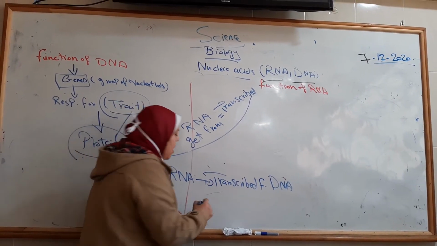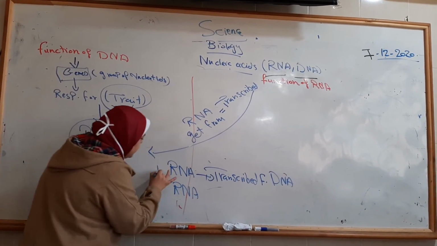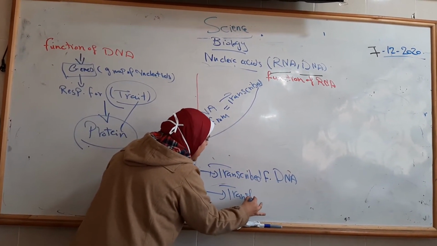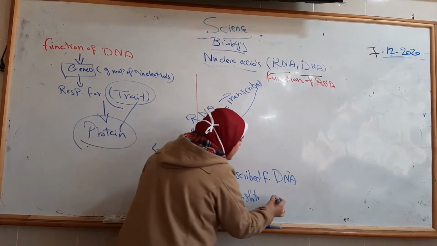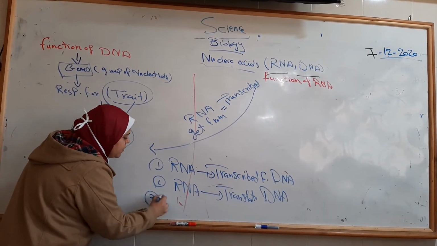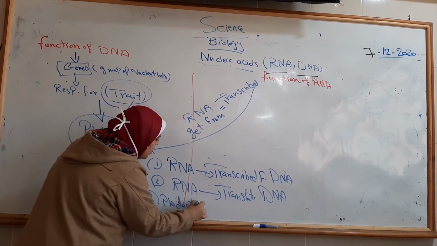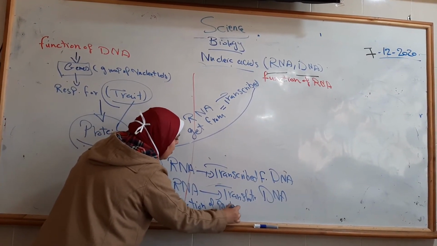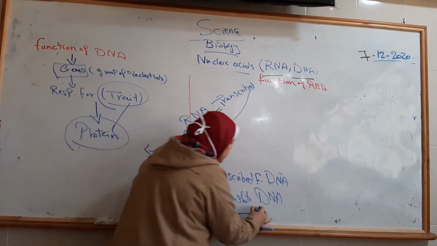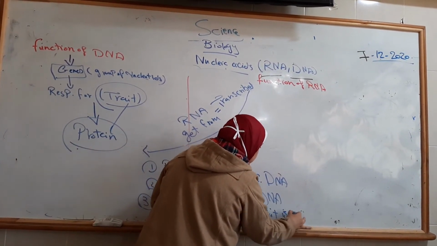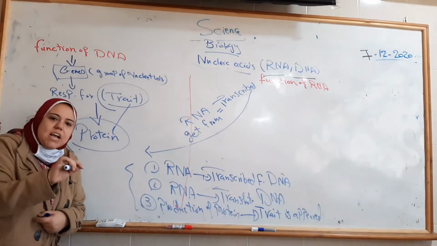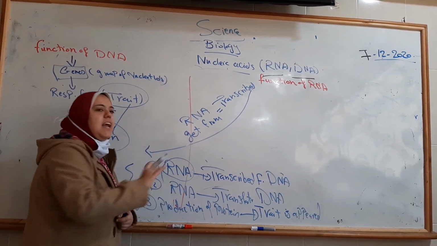Number 2: RNA translates, yes, translation. Number 3: production of protein. After production of protein, the trait appears.